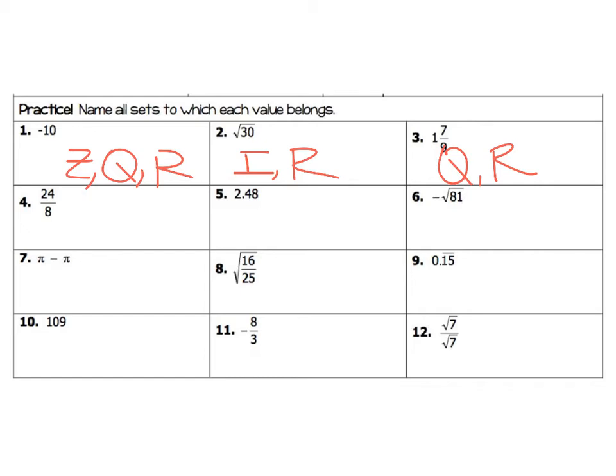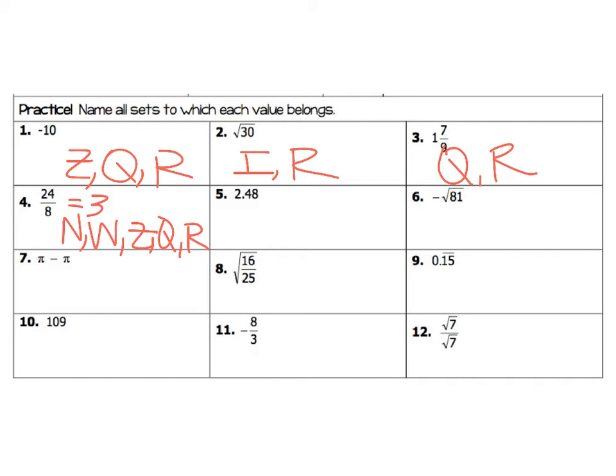Number 4, we've got 24 divided by 8, or 24/8. This equals 3. Alright, so we always simplify it first. Now, 3 is a natural number, it's a whole number, it's an integer, it's a rational number, and it's a real number.